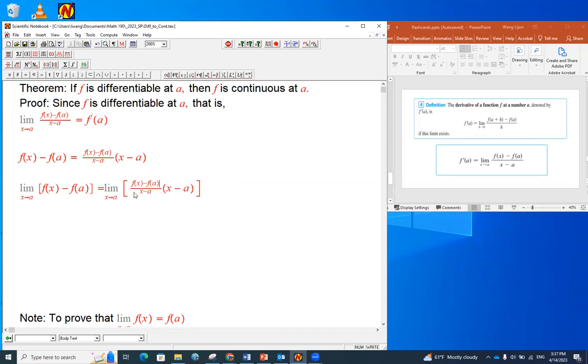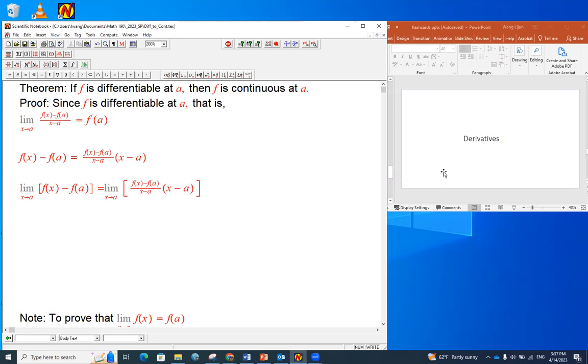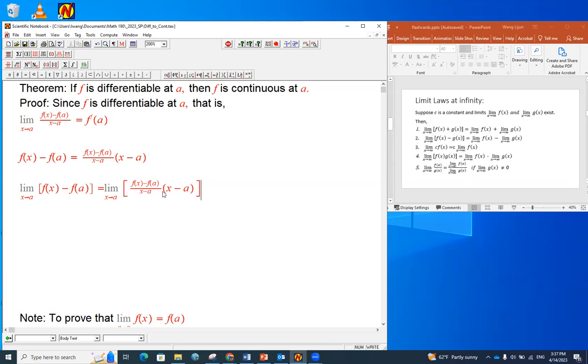Each individual limit exists because this piece has a limit when x is approaching A by definition of differentiability, and x minus A also has a limit when x is approaching A, which is 0. So we can apply the limit law. These two items, this item has a limit and this item has a limit, so we can take the limits separately.